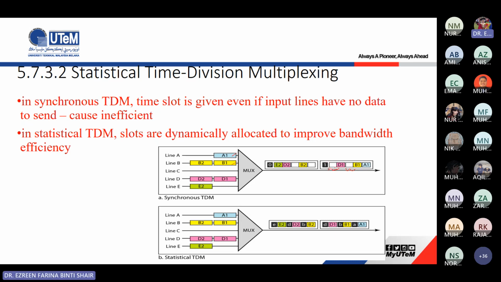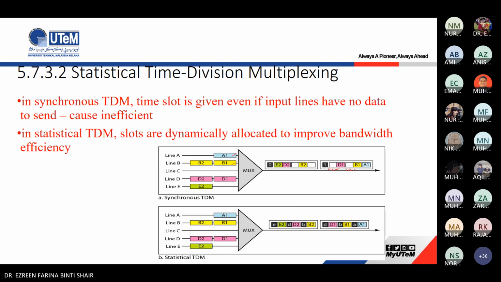Different to this, in statistical TDM the slots are dynamically allocated to improve bandwidth efficiency. So for statistical TDM, the first frame will become A1, B1, and D1. It will skip the channel without any data.